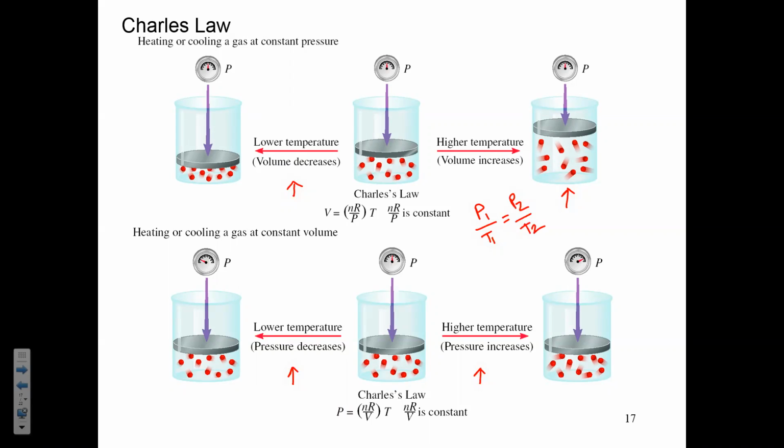So here we have P1 over T1 equals P2 over T2. I realized I just made a mistake, so this is supposed to be V1 here, not P. So we were dealing with volumes up on top, pressures on top. Okay, so Charles' and Gay-Lussac's law.